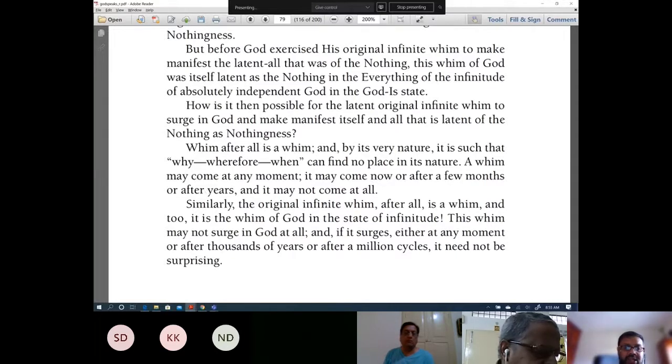Similarly, the original infinite whim, after all, is a whim, and two, it is the whim of God in the state of infinitude. This whim may not surge in God at all, and if it surges, either at any moment, or after thousands of years, or after a million cycles, it need not be surprising.